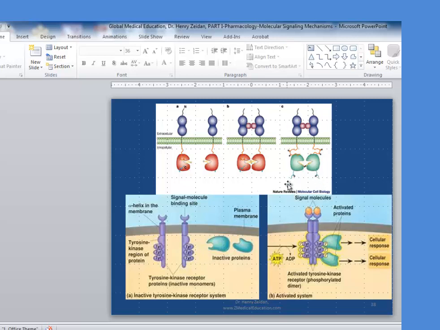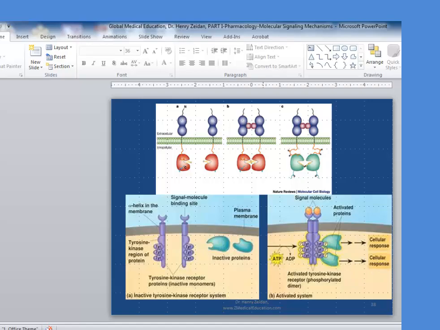So the phosphorylation here will deal with tyrosine kinase, will deal with activation at the cellular genetic levels, and will lead to cellular response.